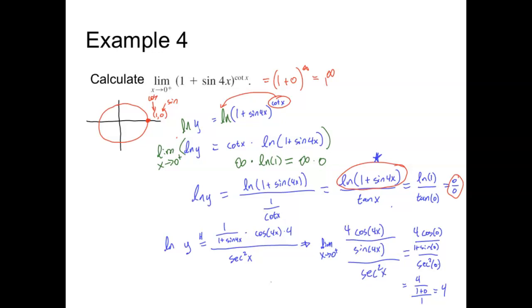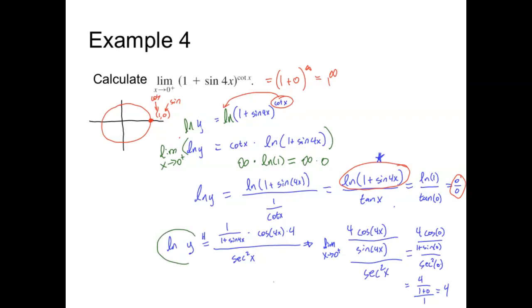And last step here, remember that what we found here was not the actual limit that we're looking for. We found the limit as x approaches 0 of natural log y.